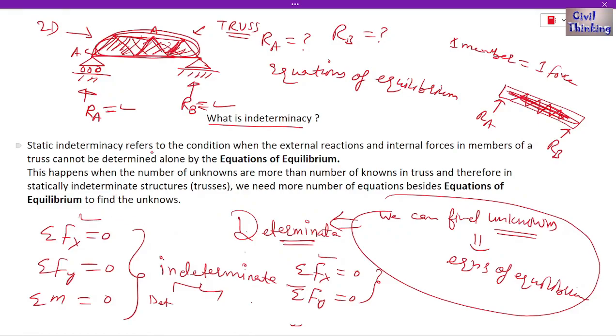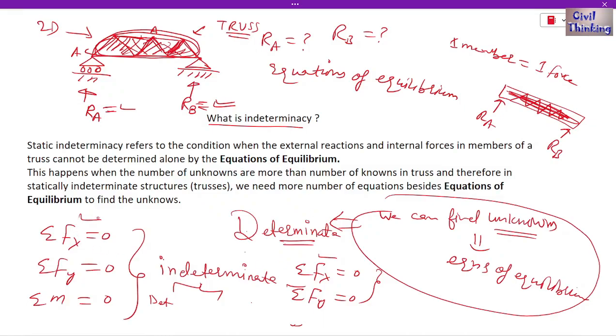Static indeterminacy refers to the condition when the external reactions and internal forces in members, the actual force in these members of a truss, cannot be determined by the equations of equilibrium alone.